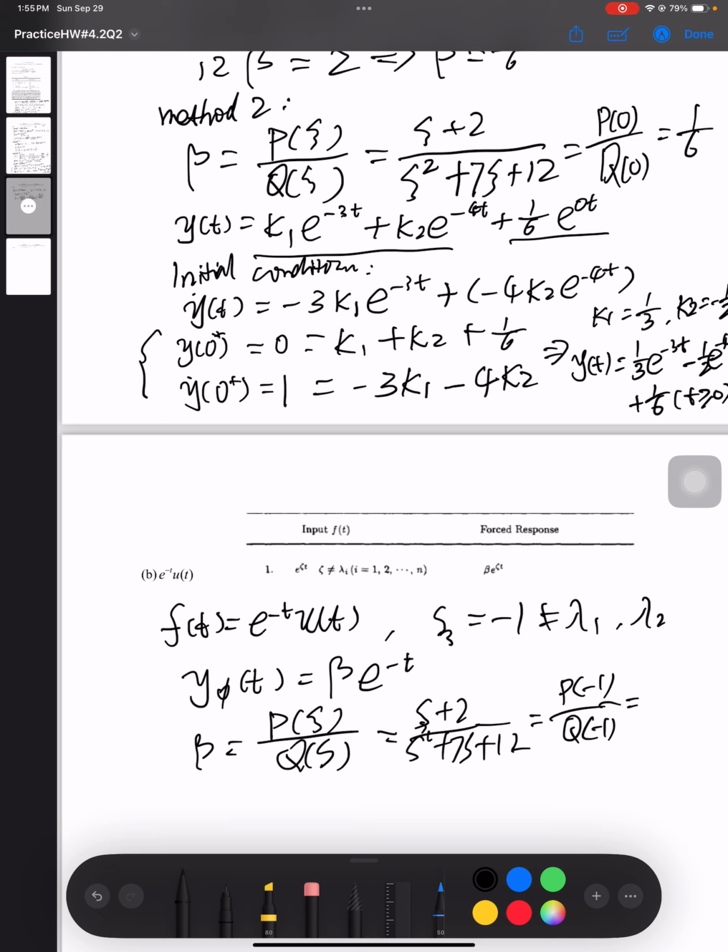So here we calculate, and it is also equal to 1 over 6.